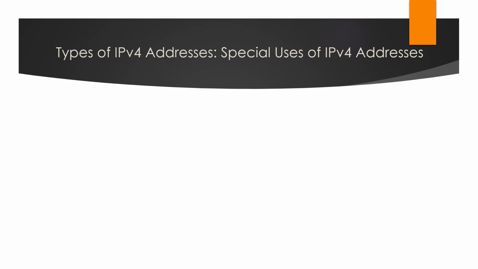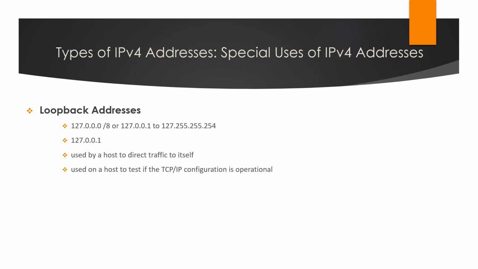There are certain addresses, such as the network address and broadcast address, that cannot be assigned to a host. There are also special addresses that can be assigned to a host, but with restriction on how those hosts can interact within the network. We have the loopback addresses, and they are in the range of 127.0.0.0/8, and they are more commonly identified as only 127.0.0.1, and these are special addresses used by a host to direct traffic to itself.